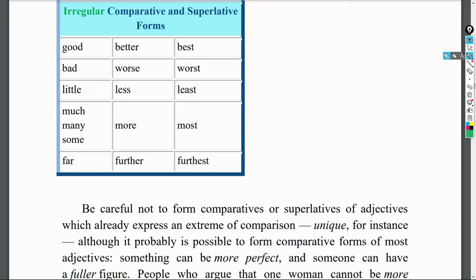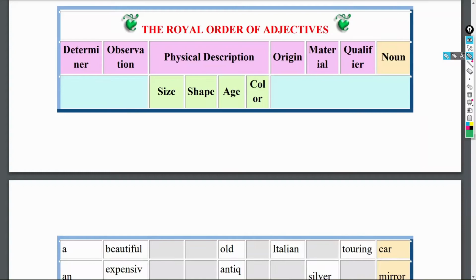Far, farther, furthest; much, more, most; ये आपको जानना जरूरी है। Many, more, most; some, more, most; little, less, least; bad, worse, worst; good, better, best.